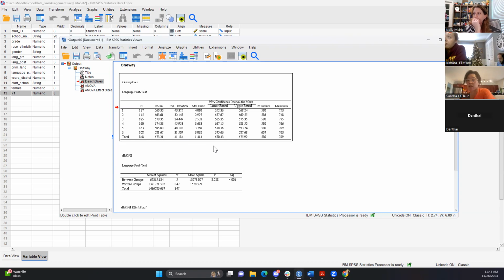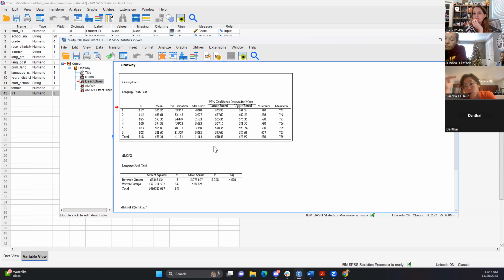What you were saying earlier, is there a difference between the beginning and the end, the pre and the post, for each group? Is this what we need to do?